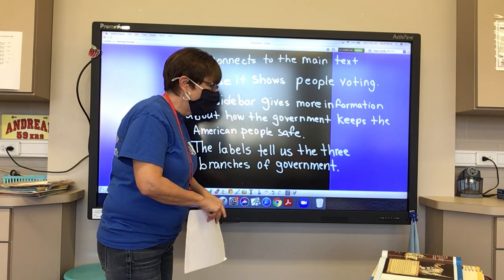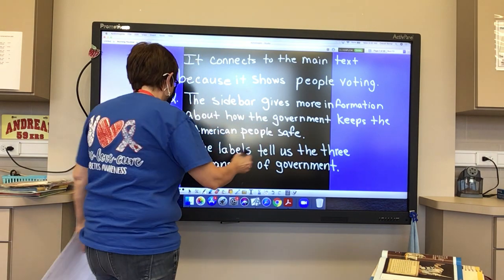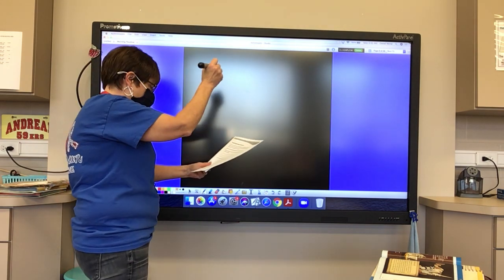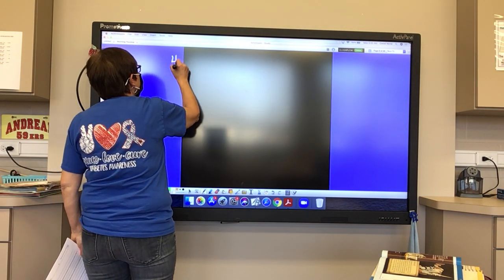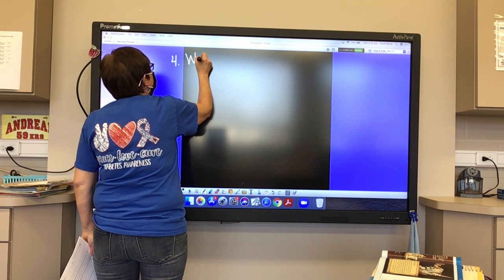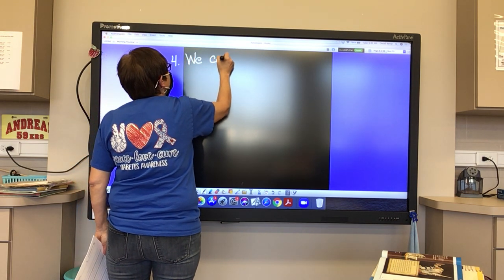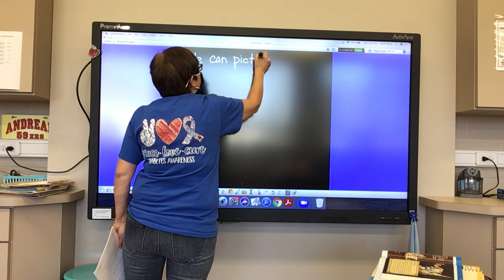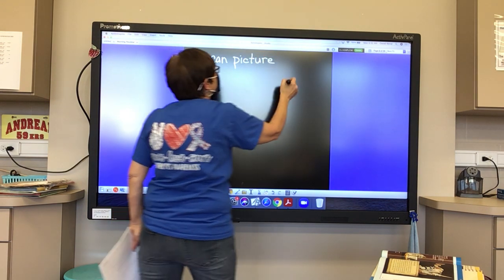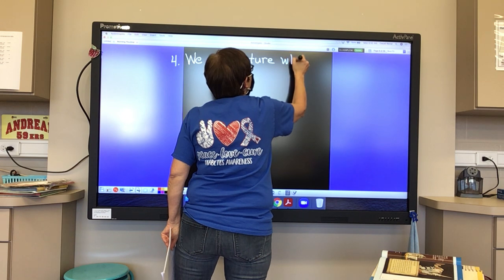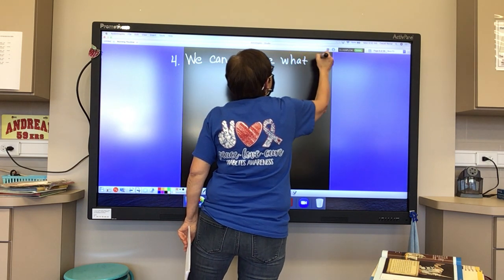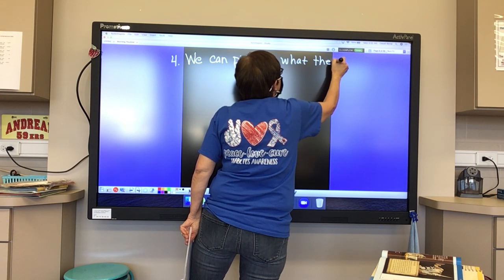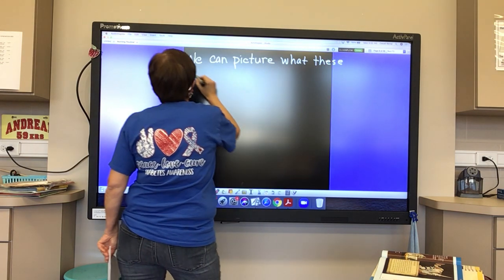So now we can picture what these buildings look like.